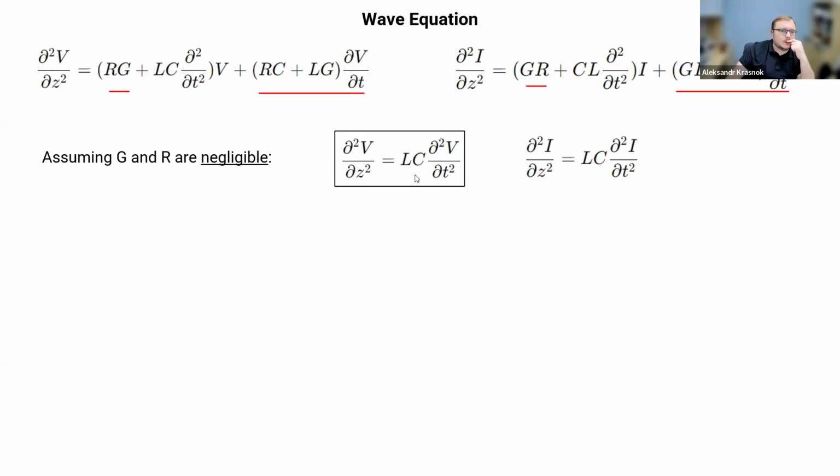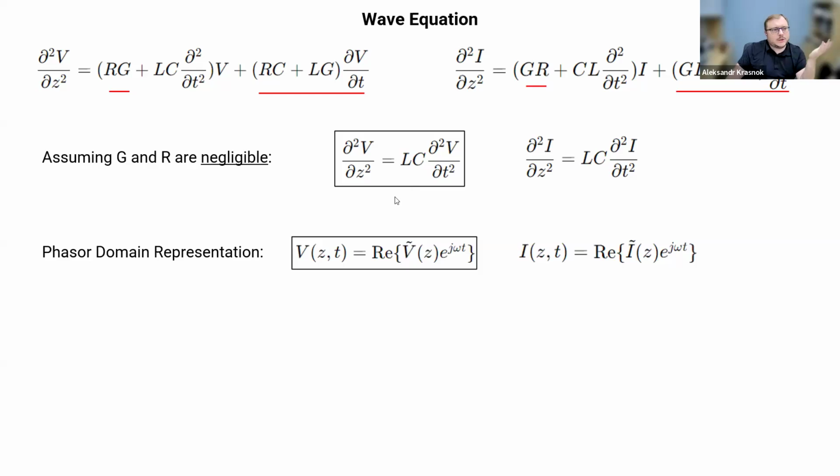So by tailoring the system, these parameters L and C, which are parameters of the wires and their coupling, I can change and manipulate the velocity of my traveling wave. So I can, for example, make it smaller to slow down the electromagnetic wave.